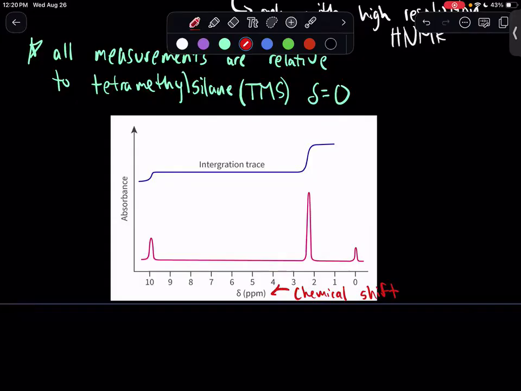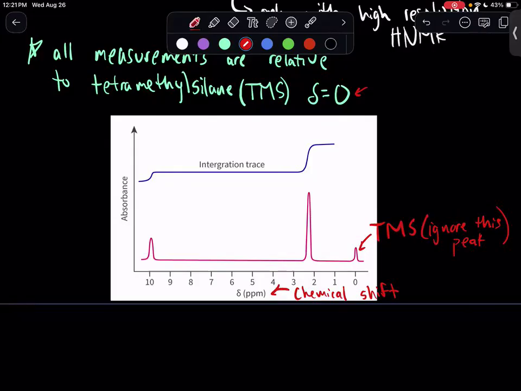And we now know that a chemical shift of 0 is TMS. So this is a relative peak. We don't actually measure from it. This is just what we use to standardize our entire data. So we ignore that peak.